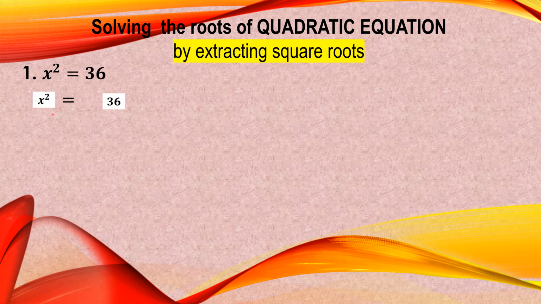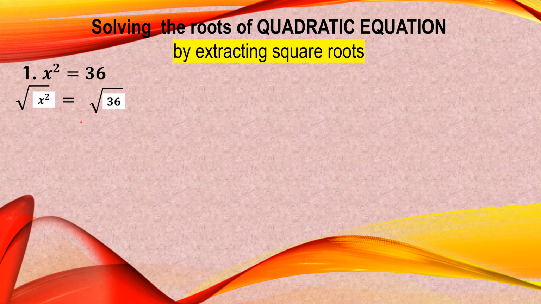Since this is a square, to have x alone we will be extracting the square root. How do we extract the square root? We extract the square root of both sides. As you have seen, we are getting the square root of x squared, and the square root of 36, because as an equation, what you do on the left, do on the right.